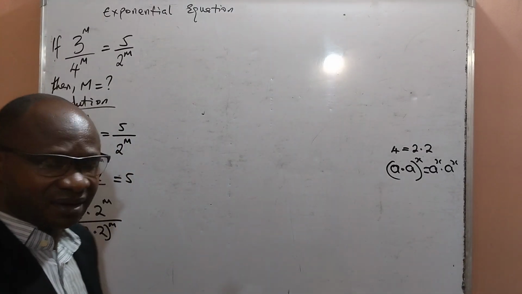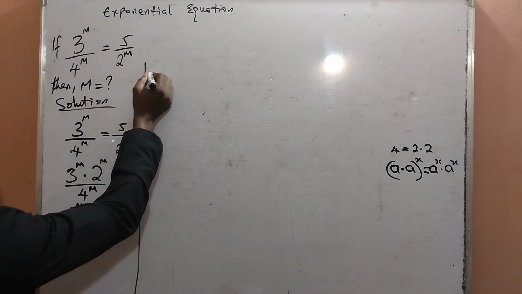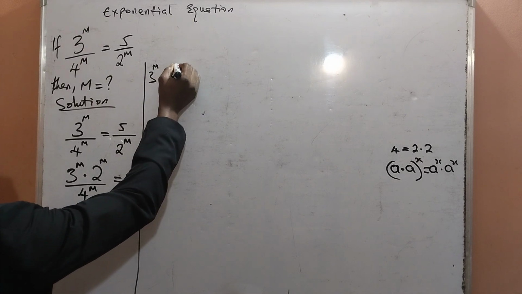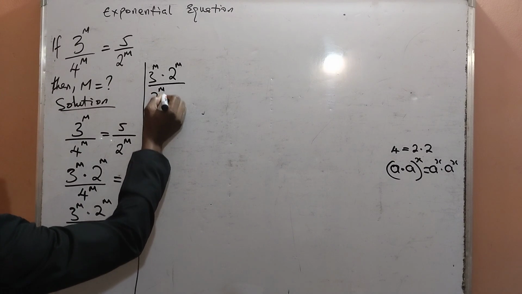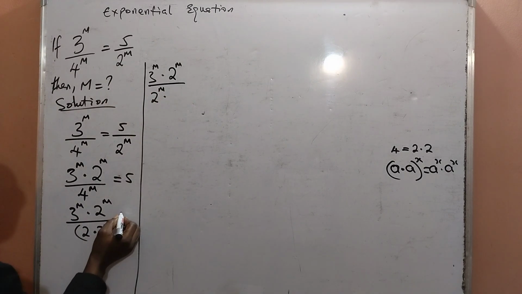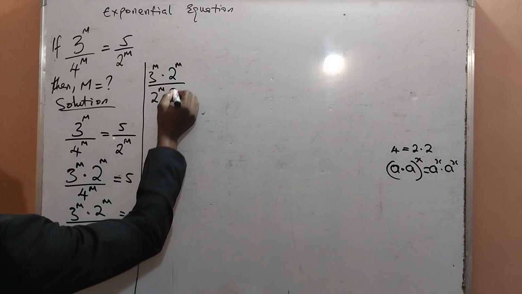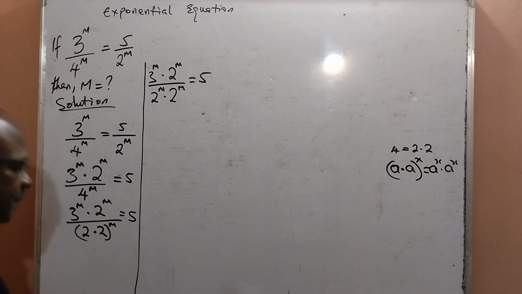Is the same thing. So that means I can now write from here that 3 raised to the power m multiplied by 2 raised to the power m is the same thing as 2 raised to the power m multiplied by 2 raised to the power m, everything here now is equal to 5.